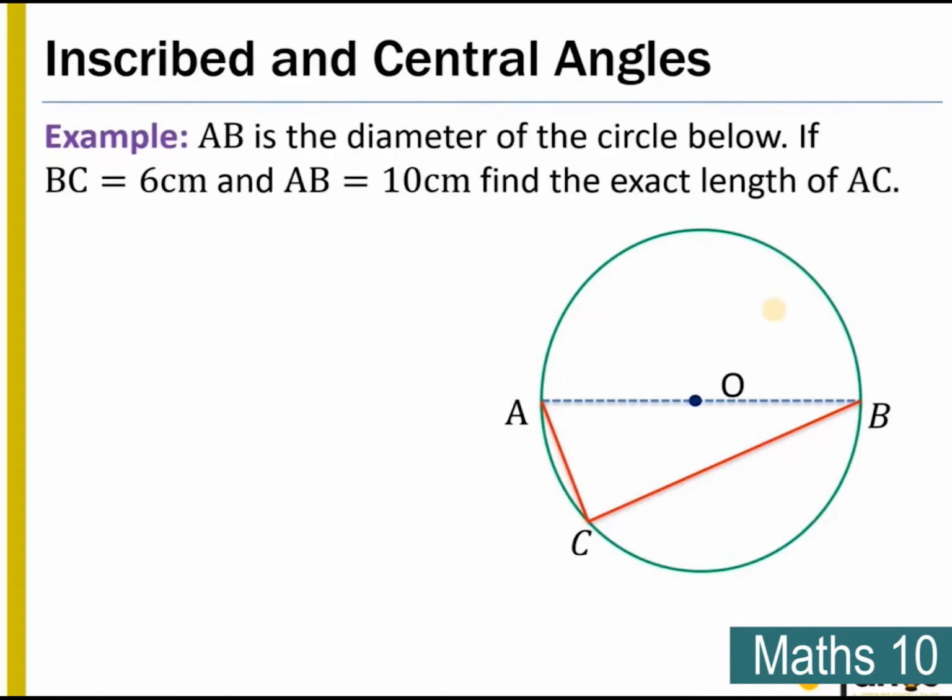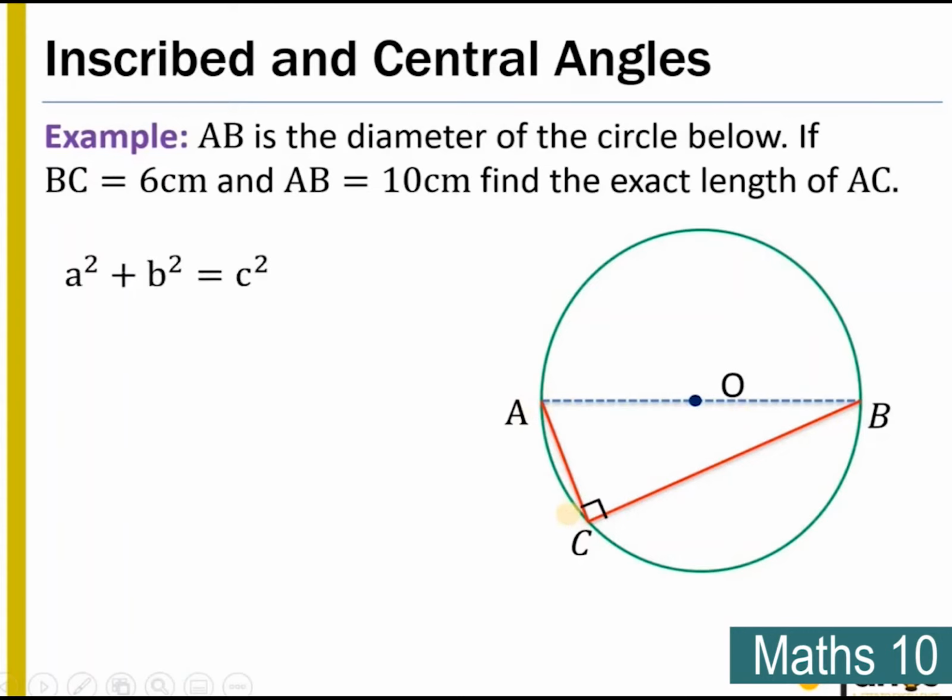Example: AB is the diameter of the circle below. If BC is 6 cm and AB is 10 cm, find the exact length of AC. We can use the fact that the angle inscribed in a semicircle is always 90 degrees, and that means that we have a right-angled triangle.